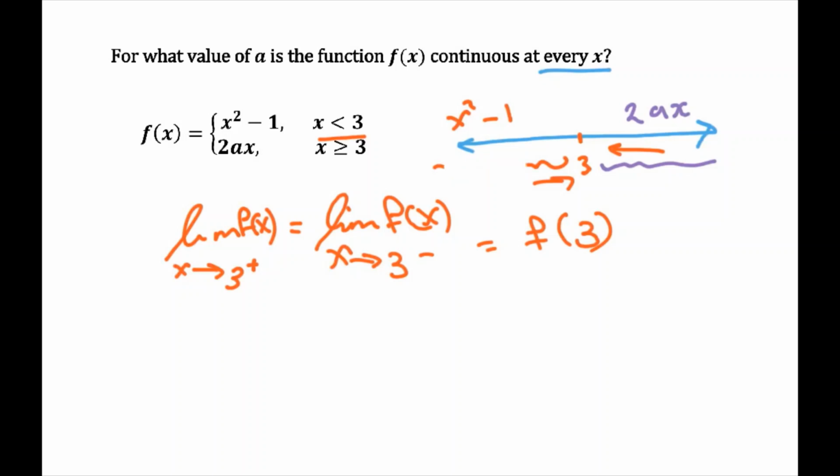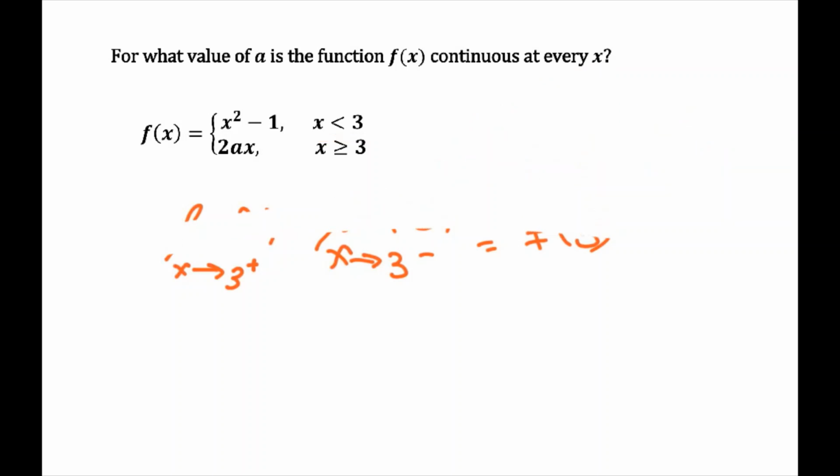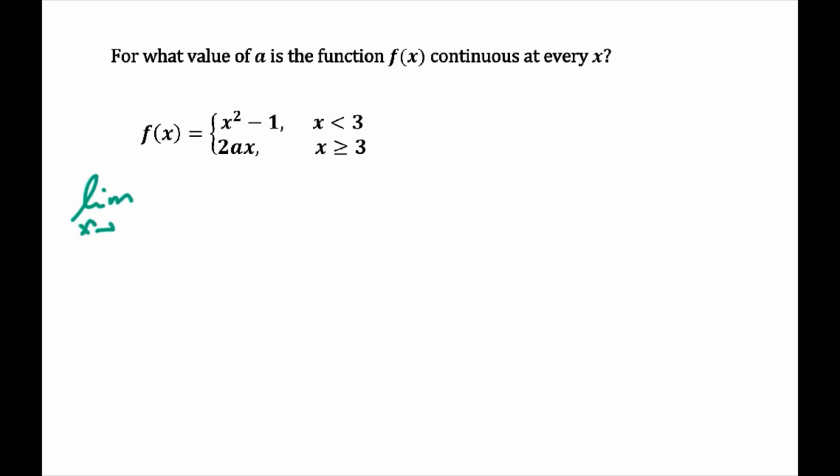Okay, guys, now let's try to find a by using the same definition, the limit of x approaching 3 from the right side. We are going to use this function here, 2ax, equal to the limit as x approaches 3 from the left side, and we are going to use this function now because it's from the left side, numbers are less than 3.